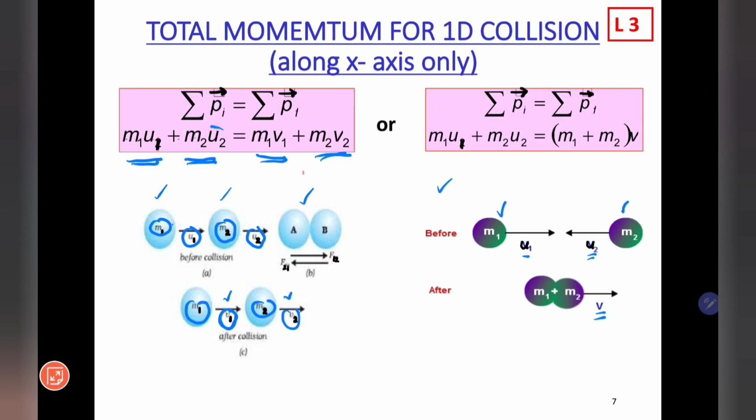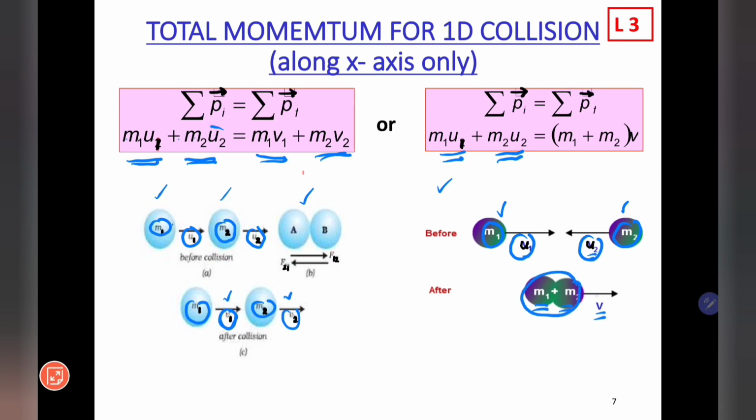So in this case, initially, the total momentum that we have is M1 U1 for the first body, and M2 U2 for the second body. And finally, after the collision, what happened? These two bodies stick together, so the mass becomes M1 plus M2.